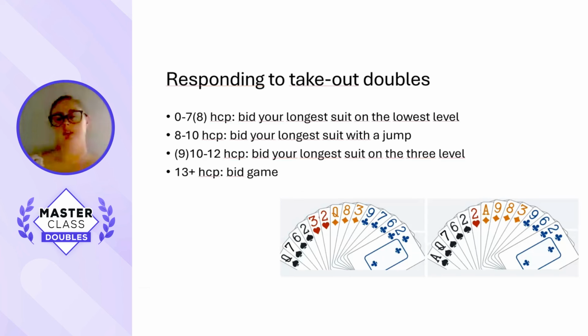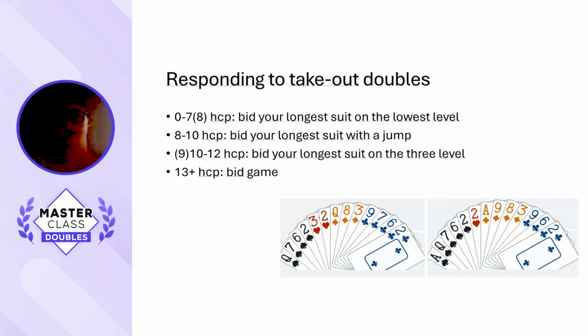In the second example, the right-hand example, we have 10 high card points and 5 spades. Opponents open a heart and partner doubles, and the next person passes. So what are we now going to do? We see that we have 10 high card points, and with 8 to 10 and 10 to 12, we see the overlap here.